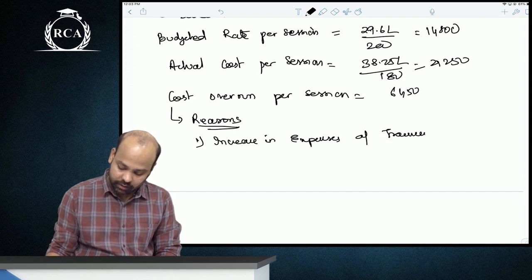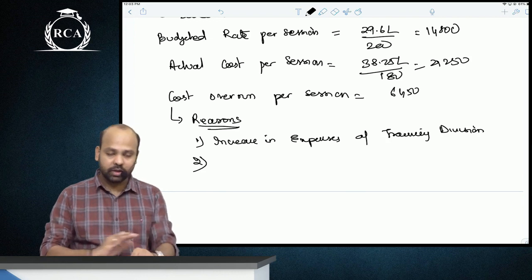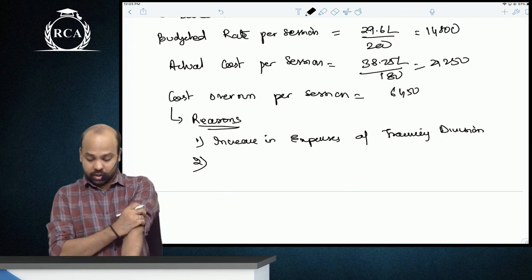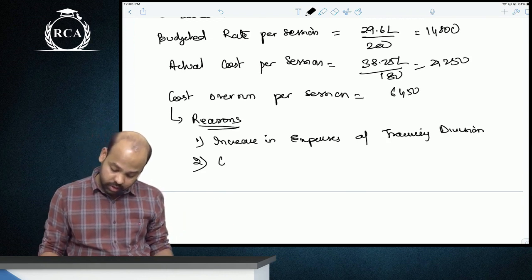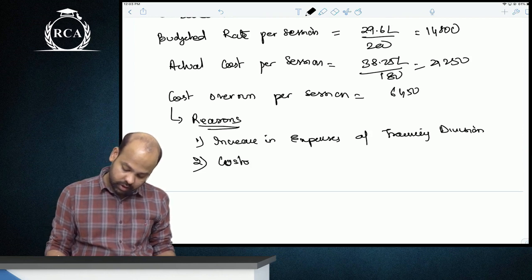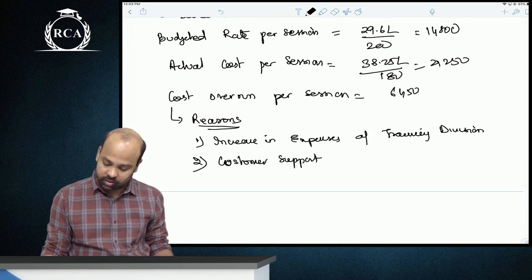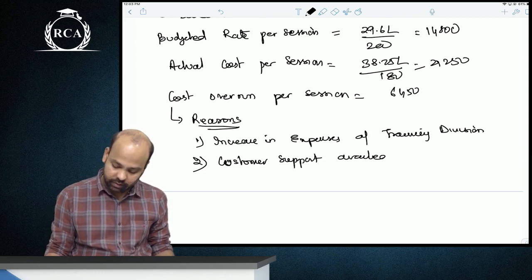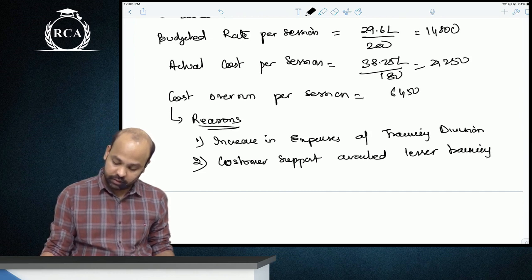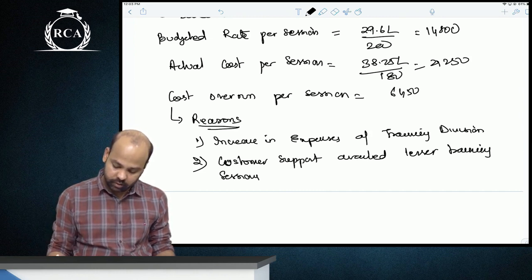Second thing, guys, is that customer support availed lesser training sessions, resulting in an increase in cost per session.